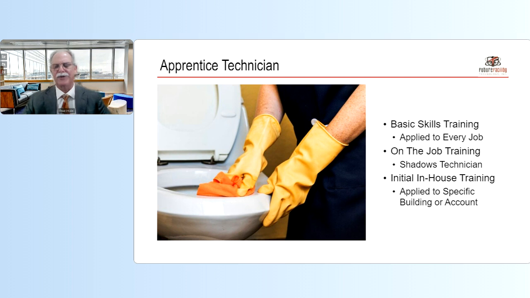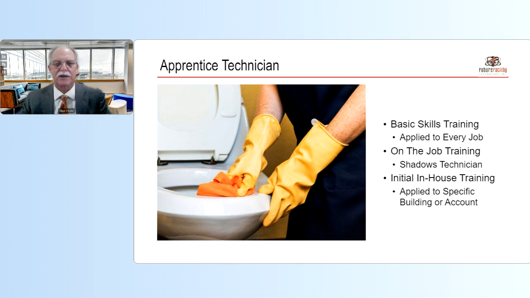Then you get into the apprentice skills, which is where you start looking at the basic skills that are applied to every job, things that, depending on which cleaning method you use, will apply to it.